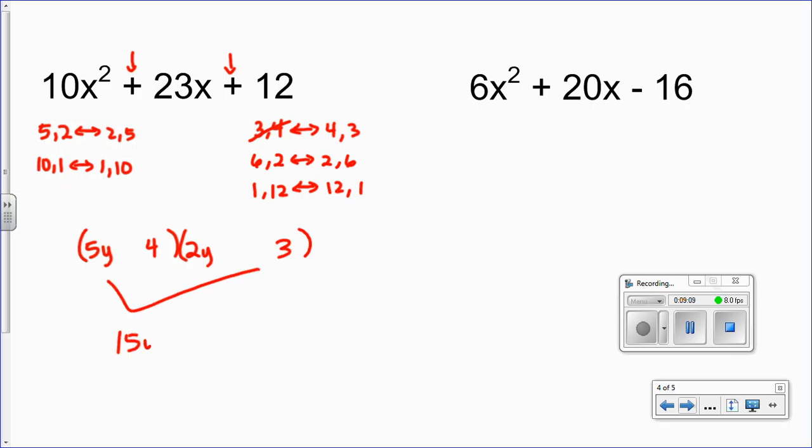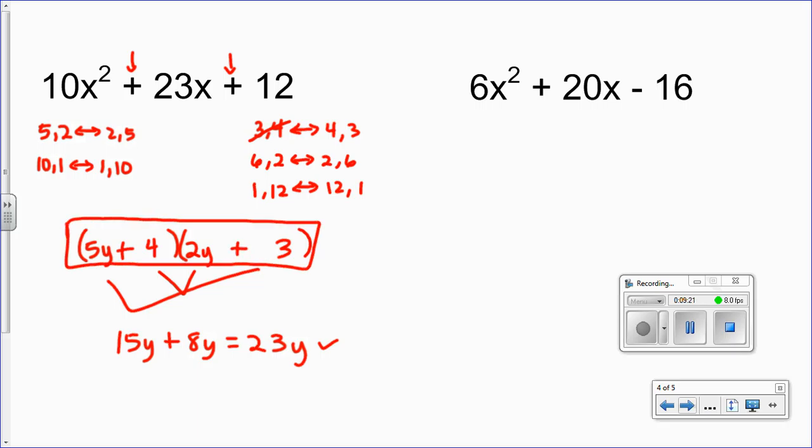So that's 15y plus 8y, and that gives me 23y. Or x. I'm sorry, I don't know why I was still using y's from the last example.